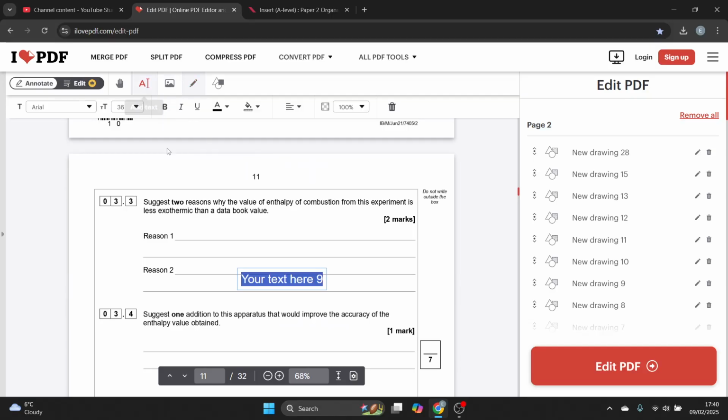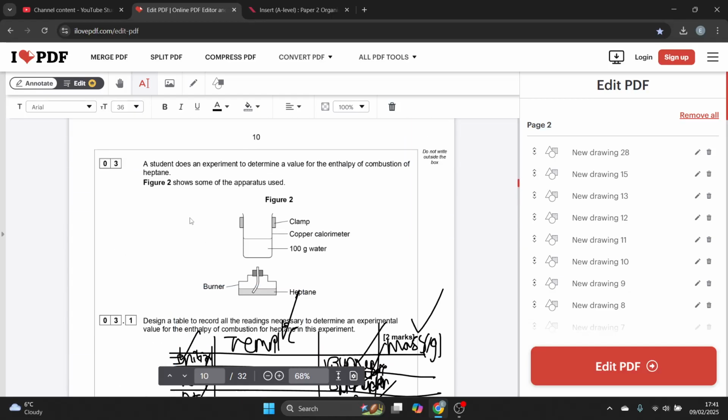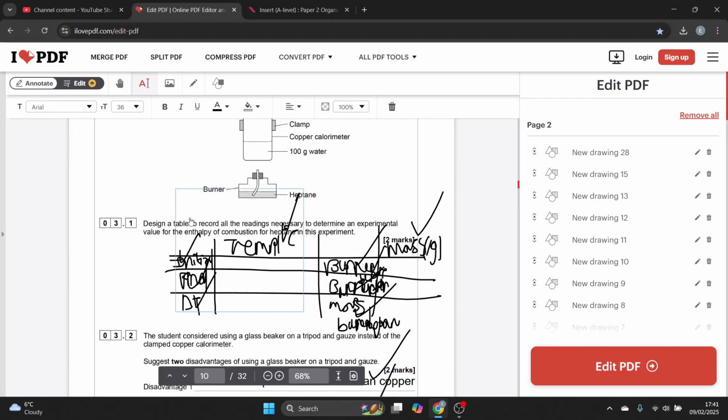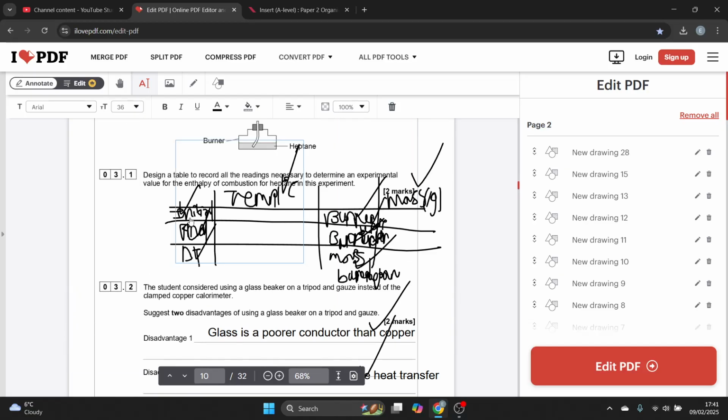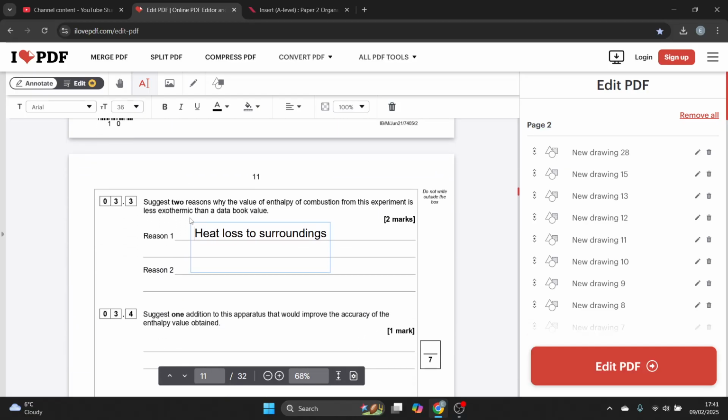Suggest 2 reasons why the enthalpy is less exothermic. This one's a classic question. Heat loss to surroundings. And another one is the idea of incomplete combustion.